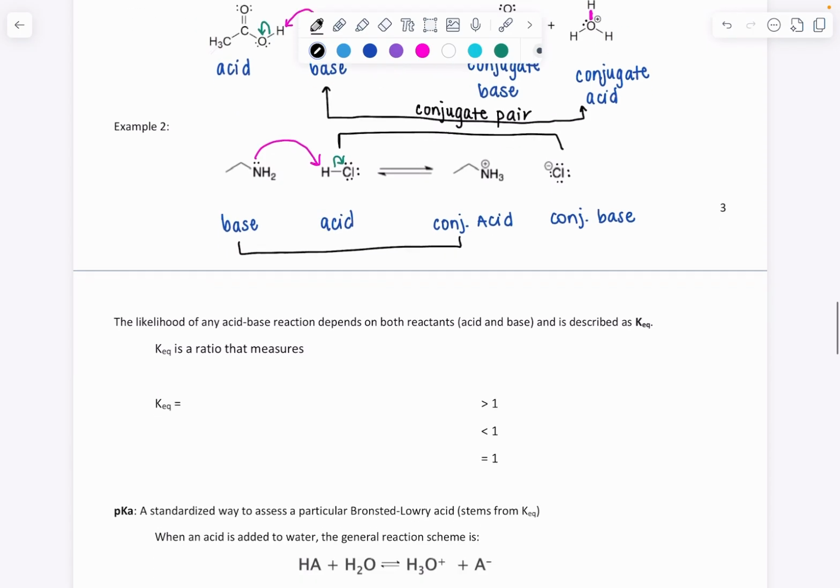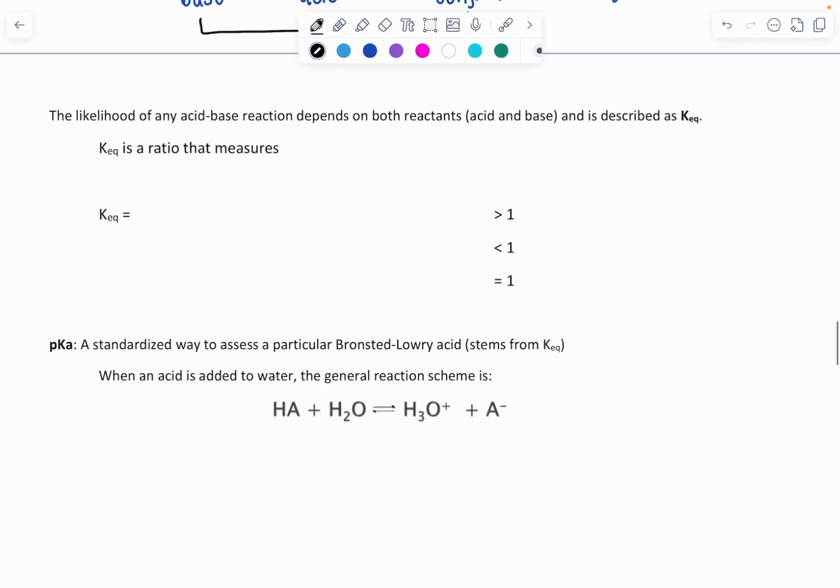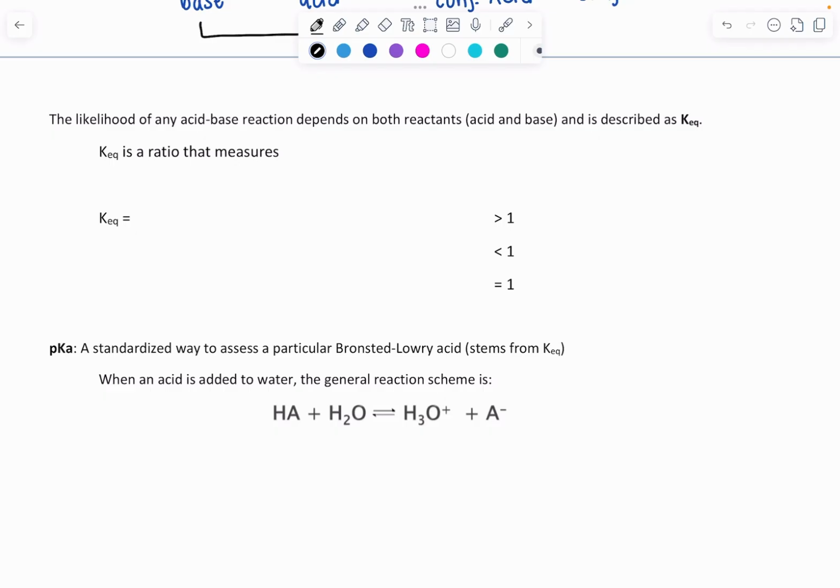So the likelihood of any acid-base reaction depends on both reactants, the acid and the base, and it's described as KEQ. This is something you likely learned about in General Chemistry 1. So KEQ is a ratio that measures the overall favorability of a reaction.